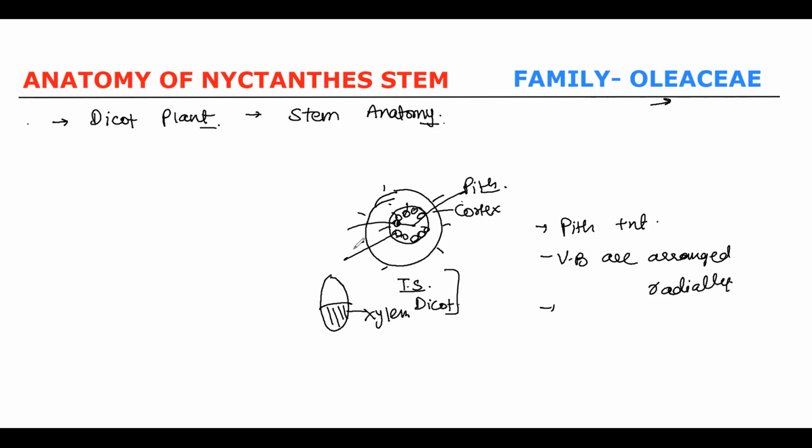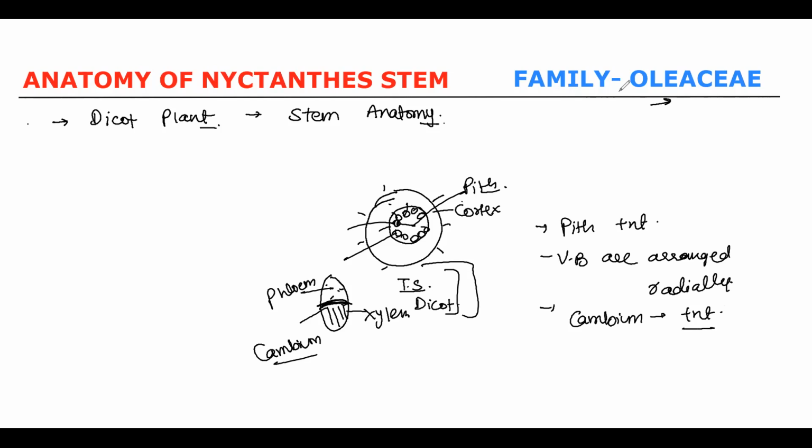Towards the periphery or the outside is the phloem. And in between the xylem and phloem, the cambium is present. Means the cambium is also present in the dicot vascular bundles. So these are the general characters of any typical dicot plant.